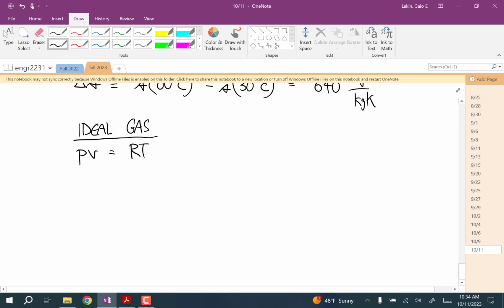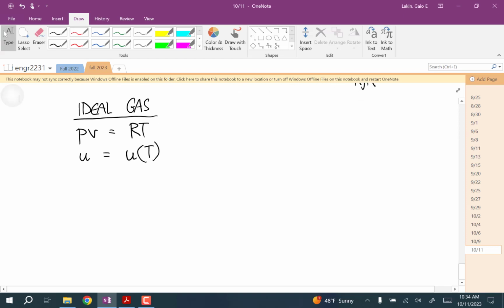We know that just like incompressible materials, the specific internal energy is just a function of temperature. It doesn't depend on pressure much or anything like that. We know that the specific enthalpy is equal to U plus RT. And so that's also just a function of temperature.